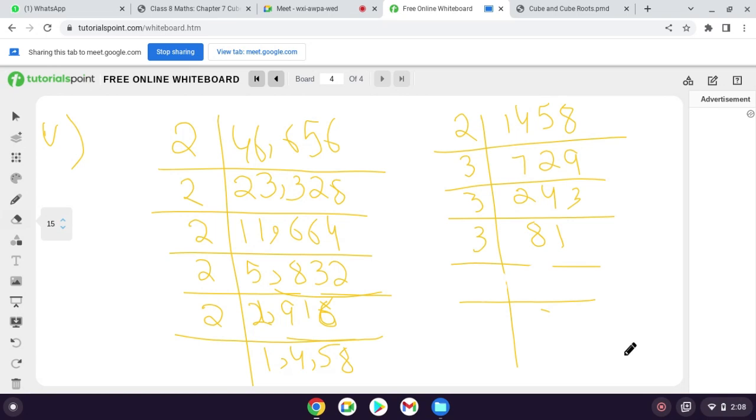Now the 81 is divided with the 3. 3 2s are. I cannot use a prime number. Any other number we have to use a prime number. Then 3 2s are 6, and 3 7s are 21. 3 9s are 27. 3 9s are not 81.